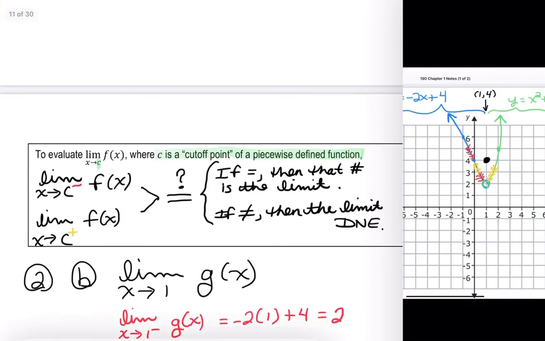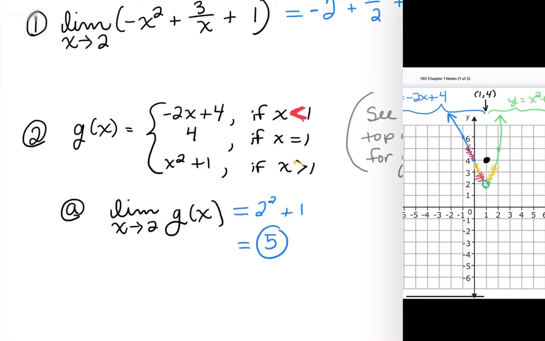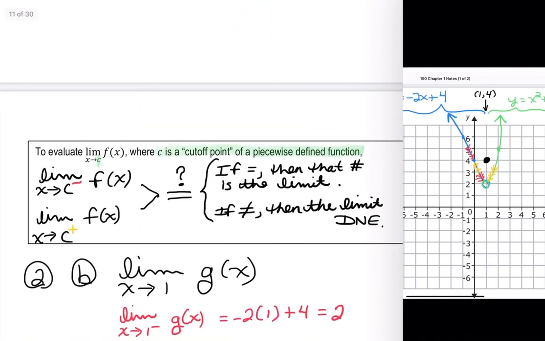Now I want to do the same thing, but coming from the right of 1. Right of 1 is values of x greater than 1, so I'm plugging into the bottom rule, x squared plus 1. 1 squared plus 1 is 2.